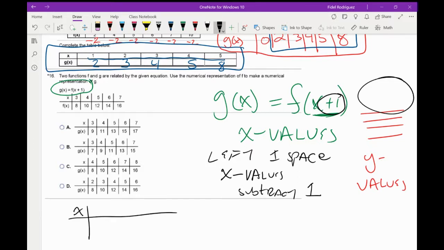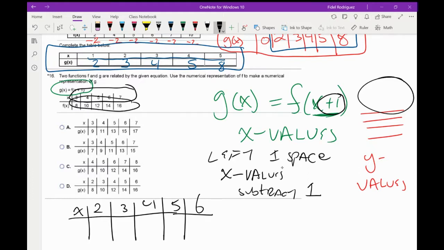So what I would do is I would make a table that would look like this. And I would look at each of those x values, and I'm just going to subtract 1 from each of them. So I'm going to go 2, 3, 4, 5, and 6. And then my y values are going to stay exactly the same, 8, 10, 12, 14, and 16.